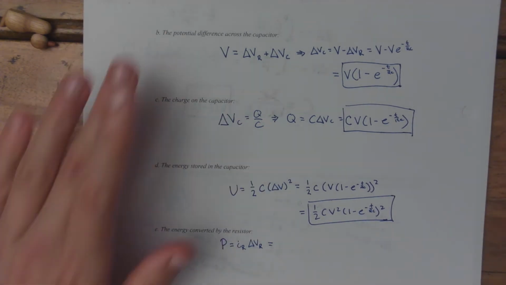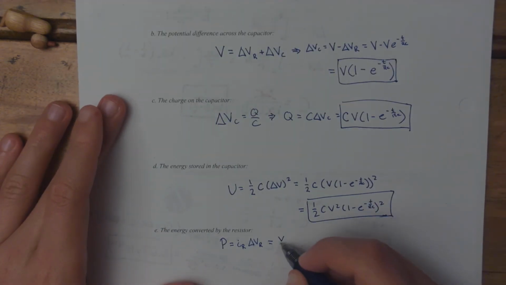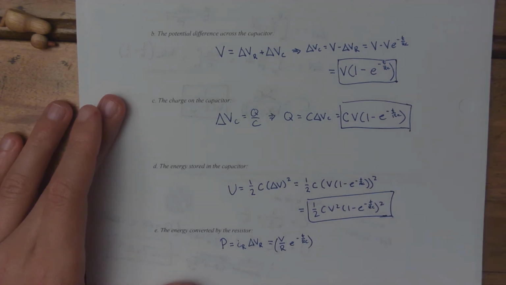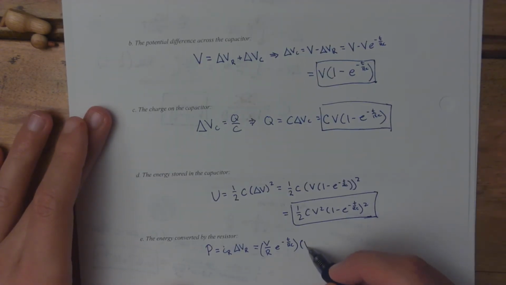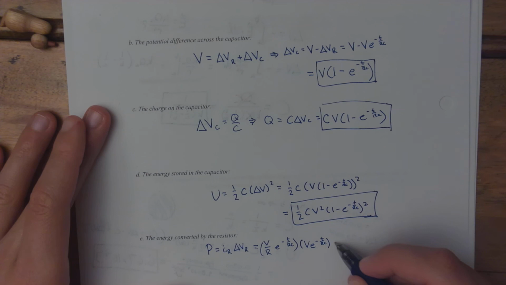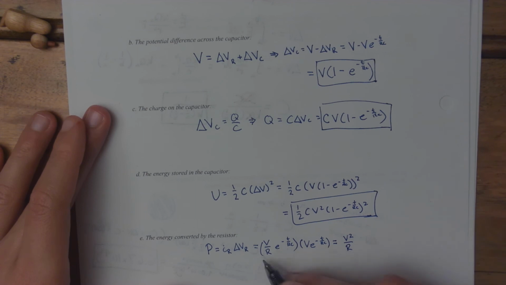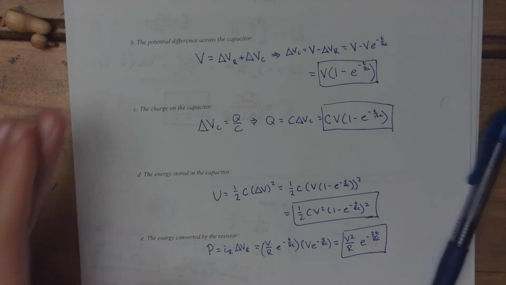I'm going to take the expression for the current, which they gave me up here: V divided by R times e to the negative t over RC. Then the potential across the resistor, I found that in part A, so I can plug that in also. That's V times e to the negative t divided by RC. If I simplify that, I have V times V, that's V squared, divided by R, and then e to the negative t over RC times e to the negative t over RC is e to the negative 2t divided by RC. And that concludes problem 40.